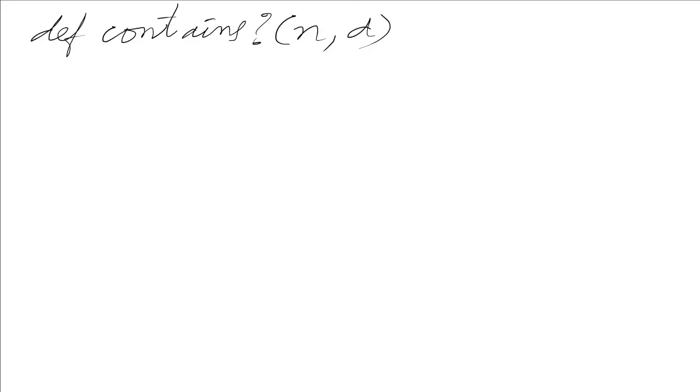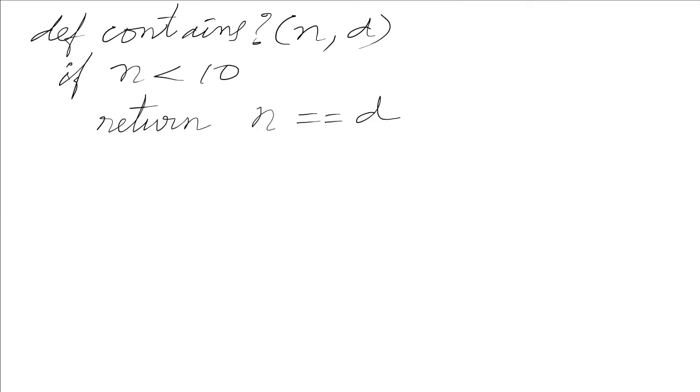We can now look at the code. The contains method takes two parameters, n the number and d the digit that will be used to check whether it's in n. The base case checks for a single digit number and returns true or false depending on whether d and n are the same digits or not.